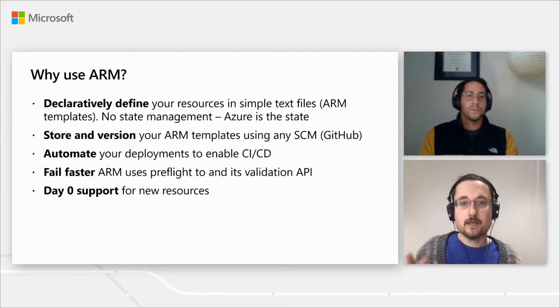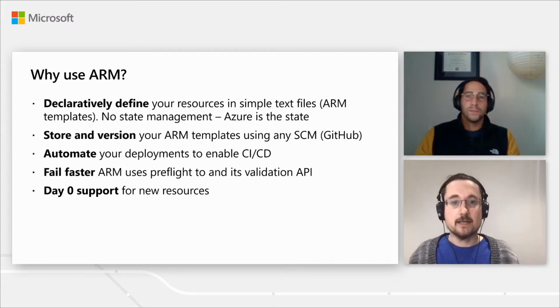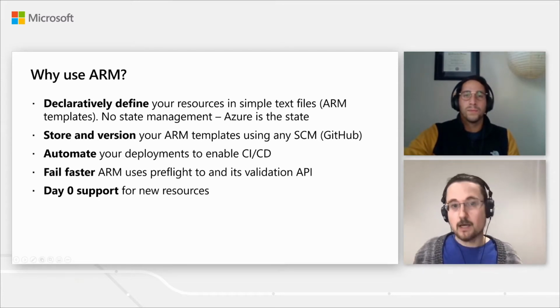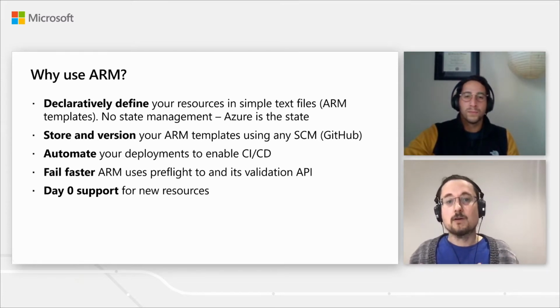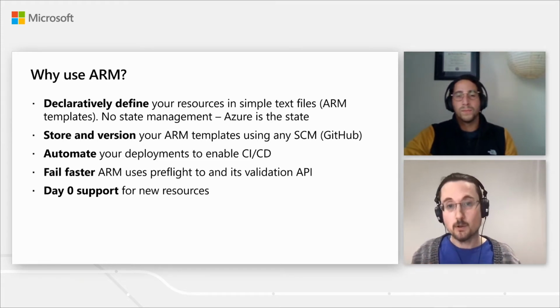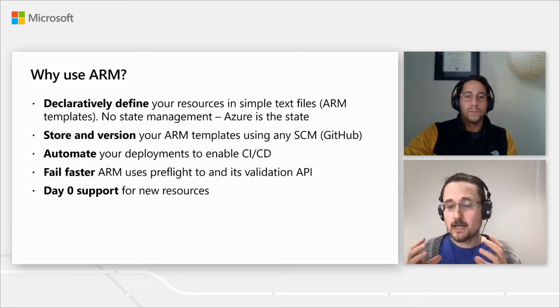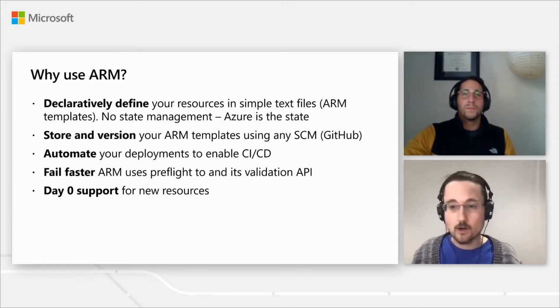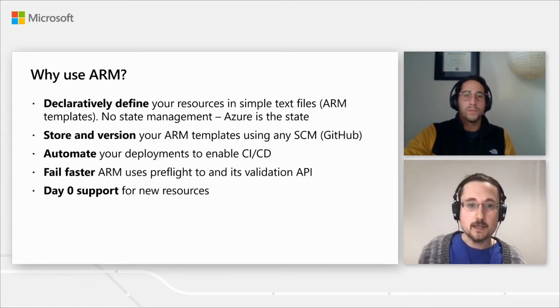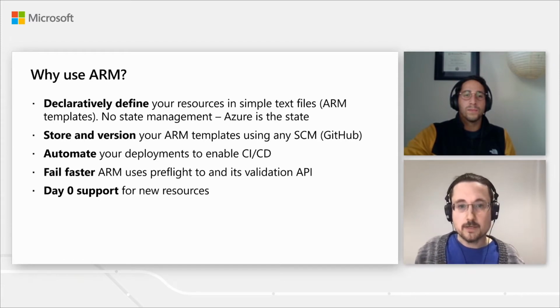And that means that you can involve that text file in CI/CD processes, which also means that you can have automatic deployment. So anyone in your team essentially could be deploying. And anything you see on Azure resource-wise, I believe is supported by ARM because it's a first-class citizen. So that's really good to know as well. That's what we cover in day 0 support.